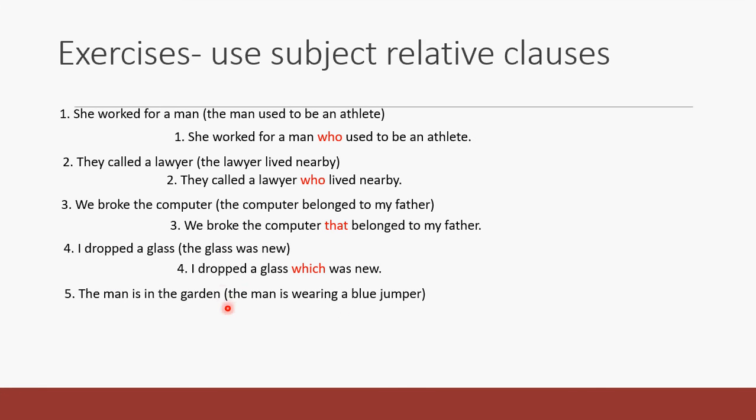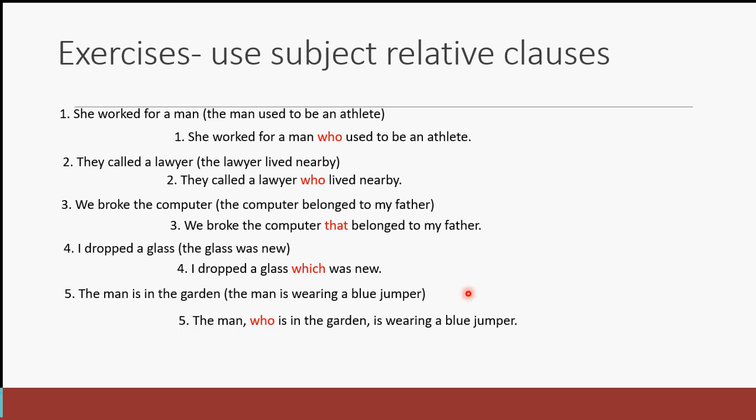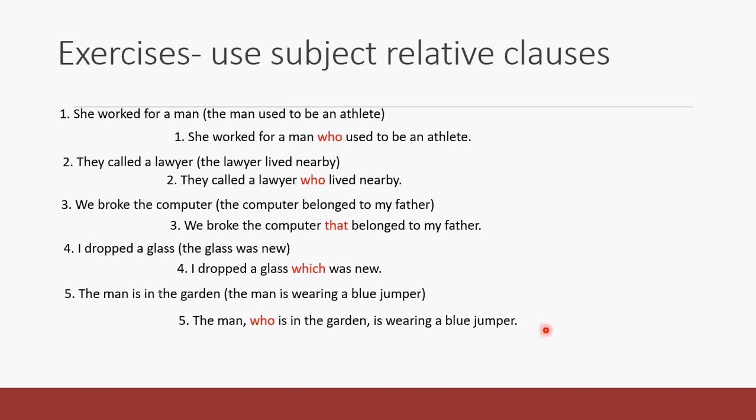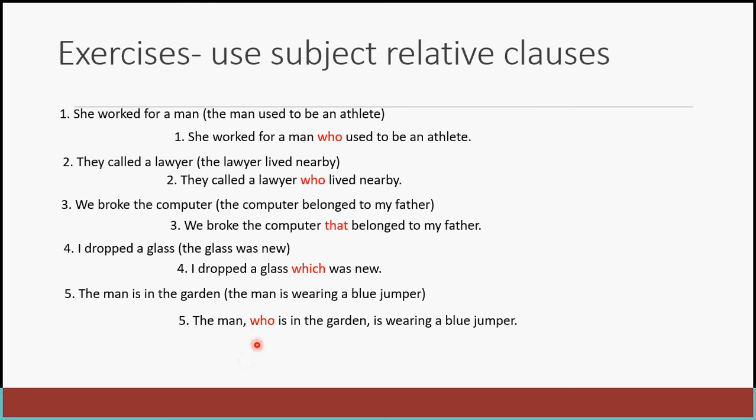The man is in the garden. The man is wearing a blue jumper. The man who is in the garden is wearing a blue jumper. So notice here that we have a subject relative clause and also a non-defining relative clause.